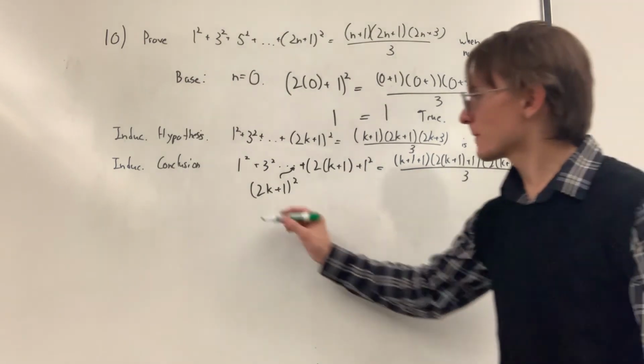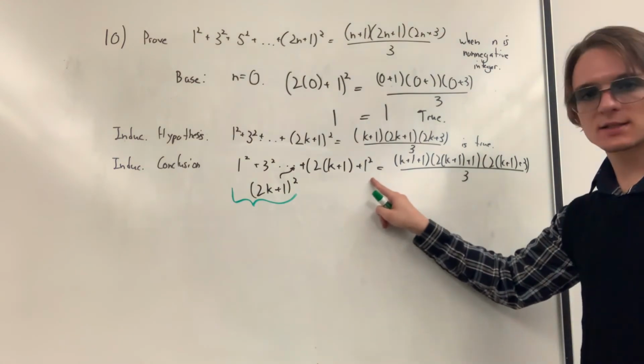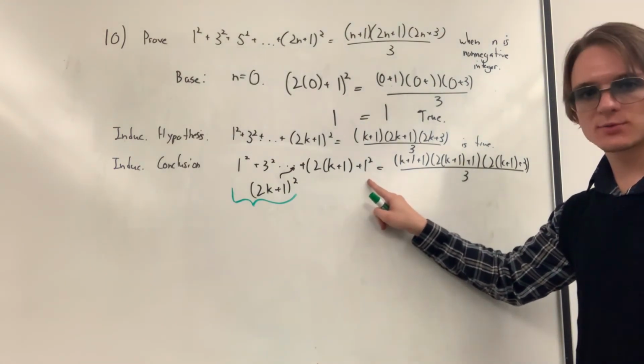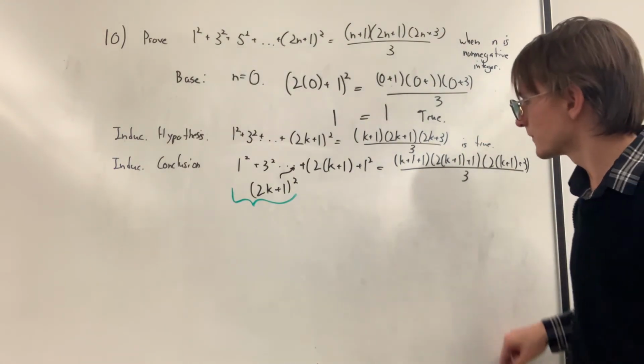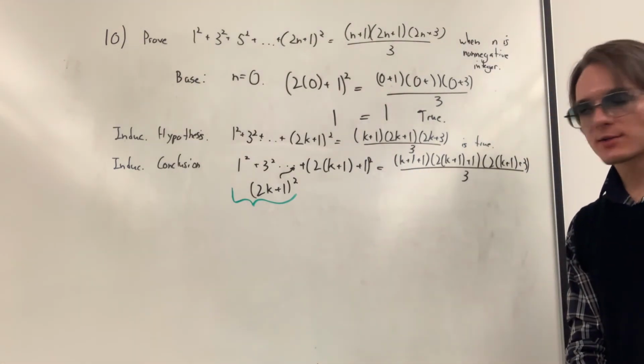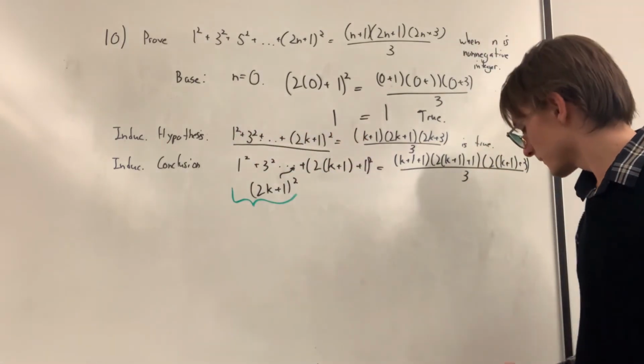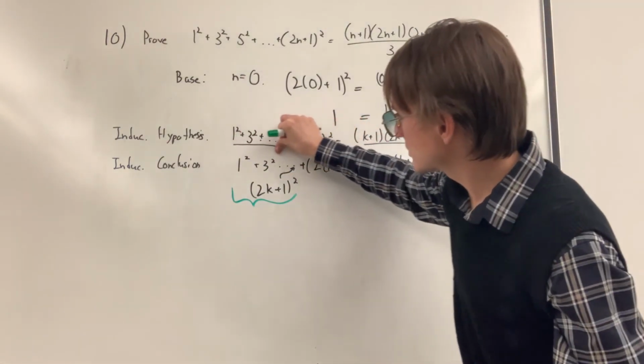But as we know, everything in the sequence prior to this last element, (2 times k plus 1) squared, has already been assumed to be something else. It matches here, which I will do in green so you can see.